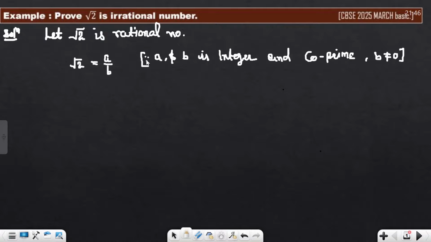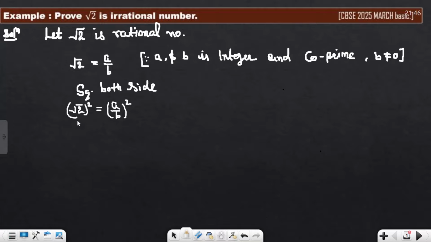After that, squaring both sides. So root 2 whole square is equal to a by b whole square.